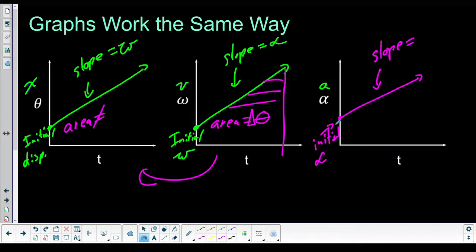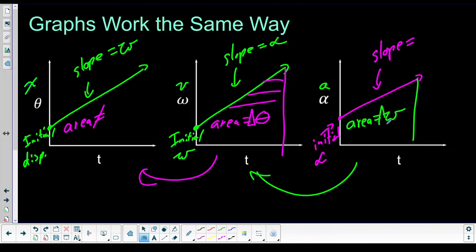It's angular jerk. We're never going to look at it. Don't worry about it. And then the important part that you need to know for your AP test is the area, again, takes you that way one, and it equals the change in angular velocity. So just like linear stuff, all the same rules for graphs apply.